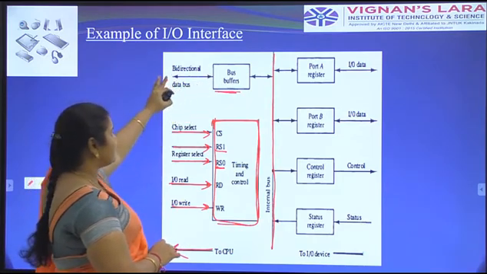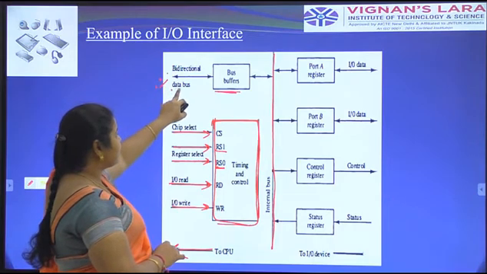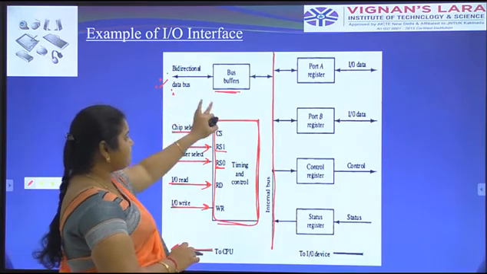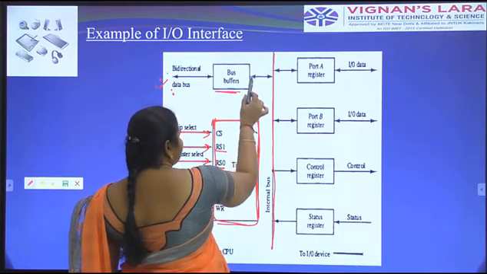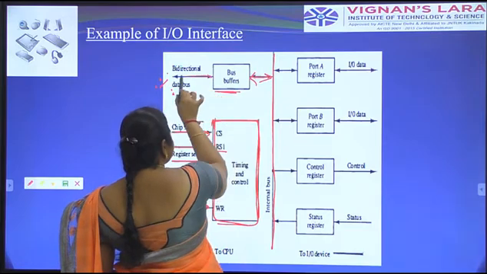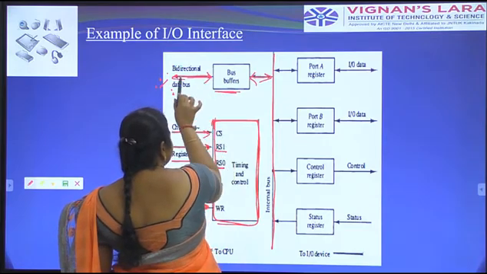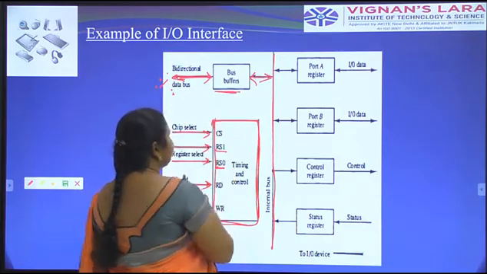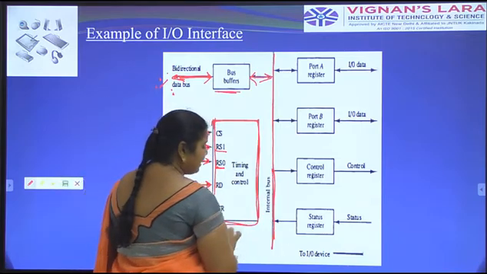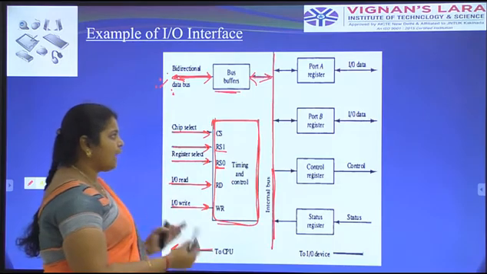Bidirectional means two sides, bi means two. The data bus can be transferred to the outside of the bus buffer. Bidirectional means the bus buffer can transfer the information to the bus and to the outside of the bus. That's why the bus buffer is called bidirectional. This is an internal bus that can transfer the information from one device to another device.